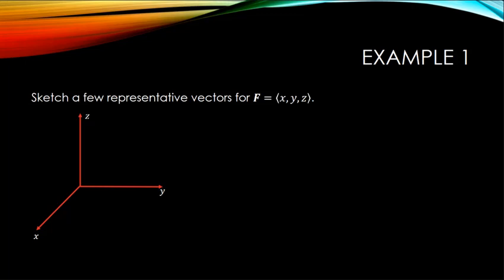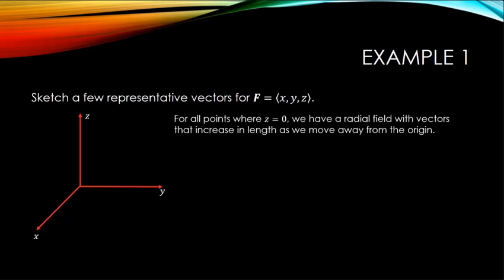I want to sketch a few representative vectors in the vector field given by F is equal to the components x, y, z. I'm starting with a three-dimensional coordinate system with the positive x, y, and z axes represented. And for all points where z is equal to 0, this particular vector field in xy space will give me a radial field with vectors that increase in length as I move away from the origin.